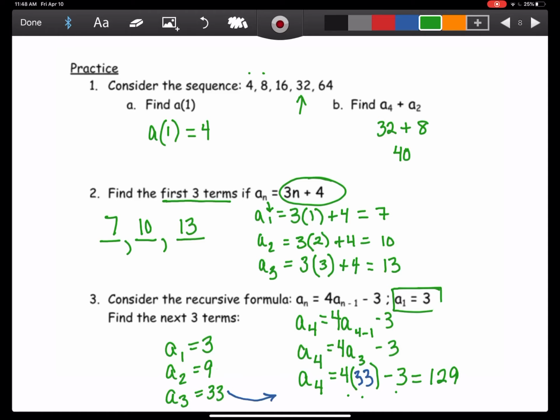Okay, so I ran out of room over here, so I'm just going to move over to the left a little farther. A sub 4 is equal to 129. Okay, that's it. Pause the video, write it down. Talk to you later.